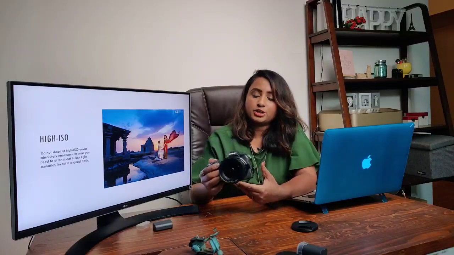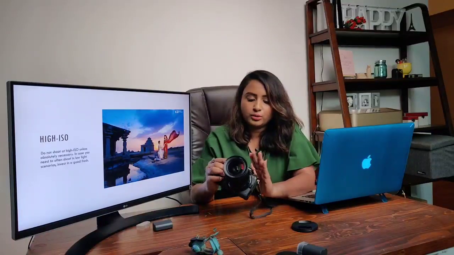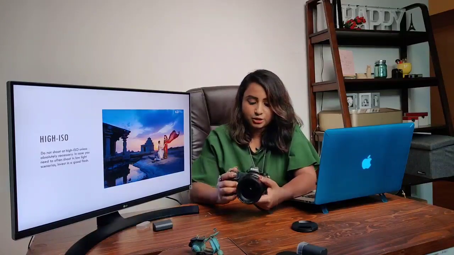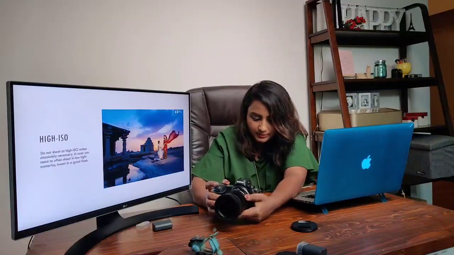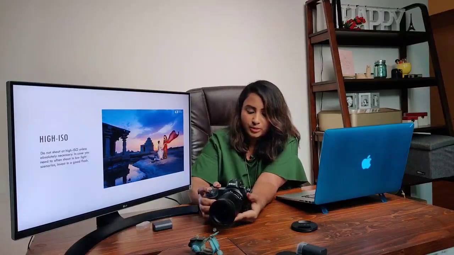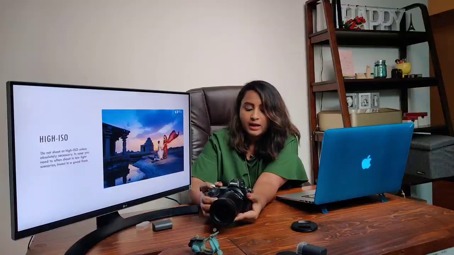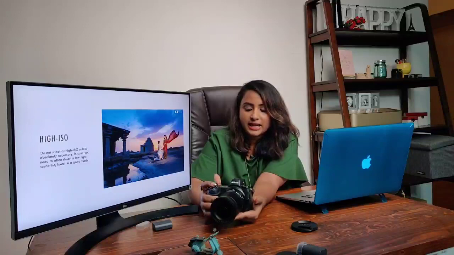Like I had mentioned, I would want to use a shutter speed at least greater than 1 by focal length. Right now I'm on 24 mm, so I'm good. Even if I use say 1 by 50th of a second, I should be fine. So I'll set the shutter speed to 1 by 50th of a second, and then depending on how much light is available, I'll decide whether I want to increase my ISO or not.